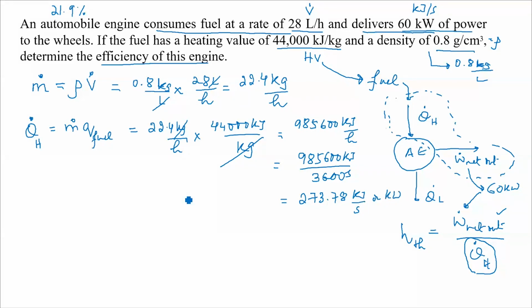or kilowatts. Now I can plug in the Q dot H value to find out the efficiency, which is work net out divided by Q dot H. Work net out is 60 kilowatt and Q dot H is essentially 273.78 kilowatt.